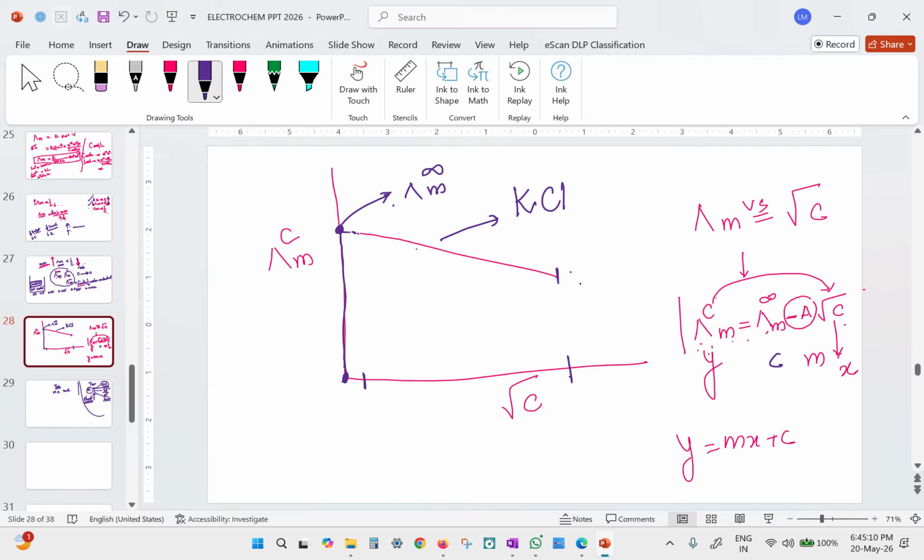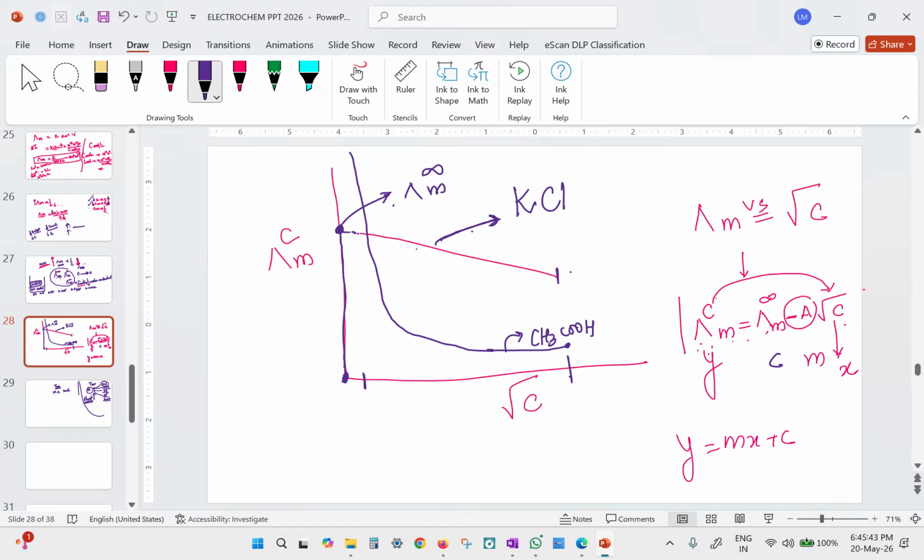When you look at a weak electrolyte, not just simple parameters, but 2 or 3 complex parameters come in. So for a strong electrolyte, the graph looks like this. It's very important to study why the graph for a weak electrolyte like CH3COOH looks like this, and for KCl it looks like this.